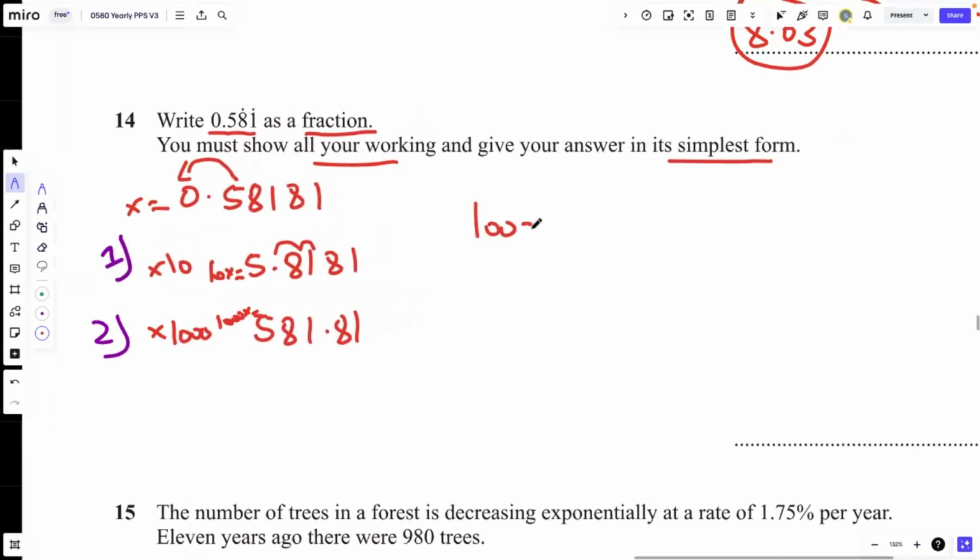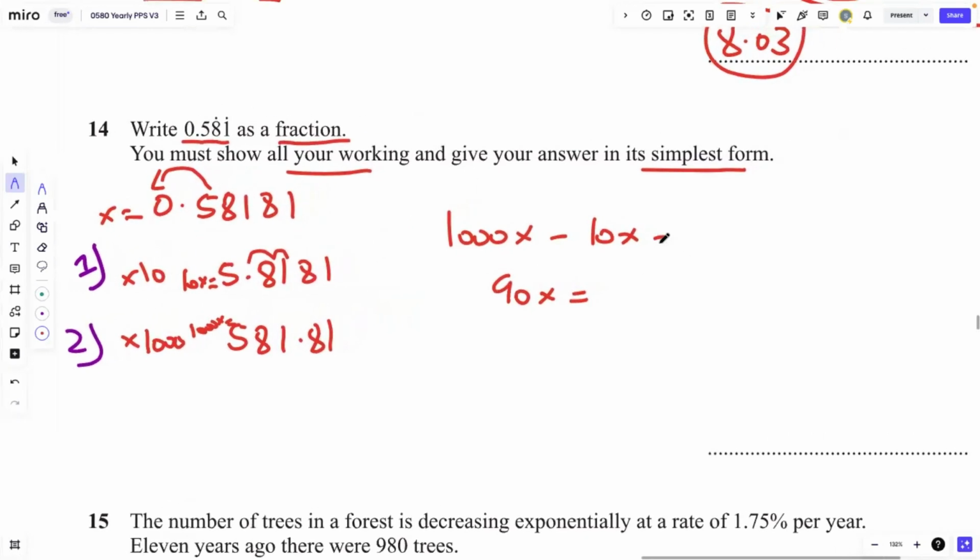Now if I do 1000x minus 10x, I should get 90x. In the same terminology, using the numbers that we had, 581.81 minus 5.8181, and we use the calculator for this.